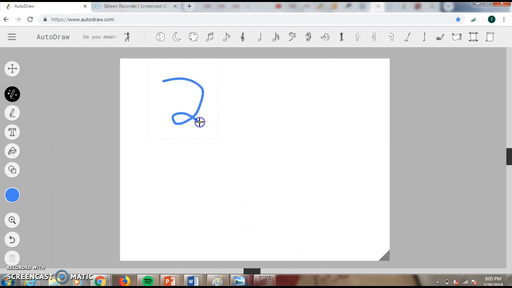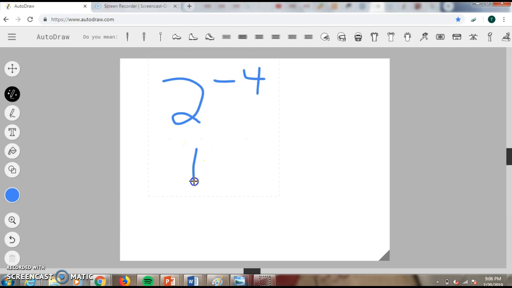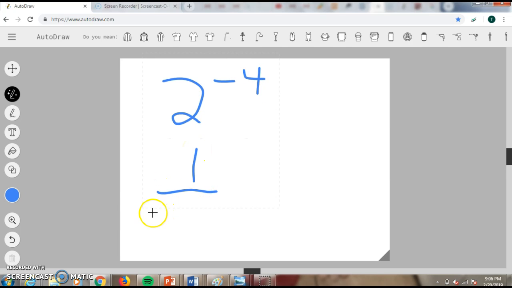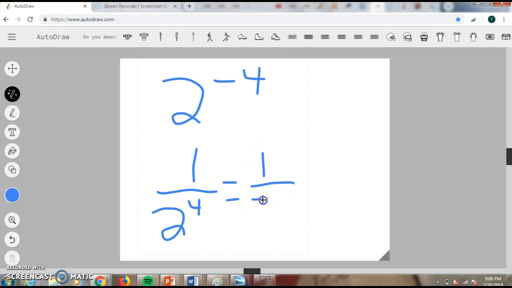Next one is 2 to the power of negative 4. And once again, negative exponent, turn it into a fraction. 1 over 2 to the power of 4. That translates into 1 over 2 times 2 times 2 times 2.